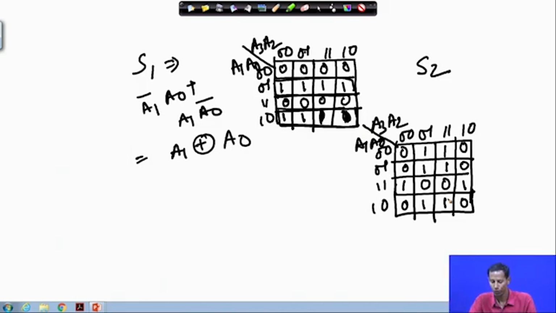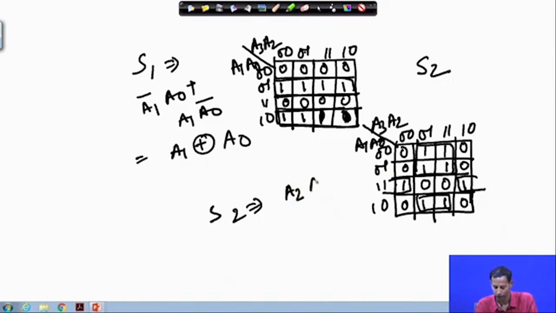Now if you make a pair of these 4, and then again this one and this one. So now what can I write for this particular pair? What will be the S2 value? Here this A2 and A1 bar.